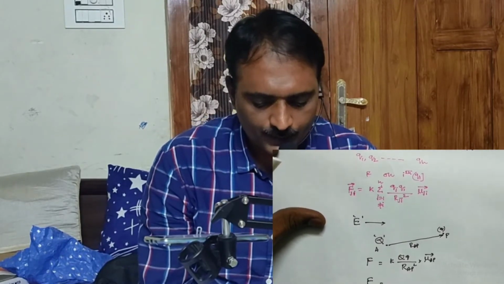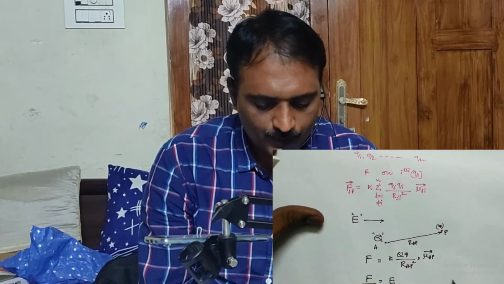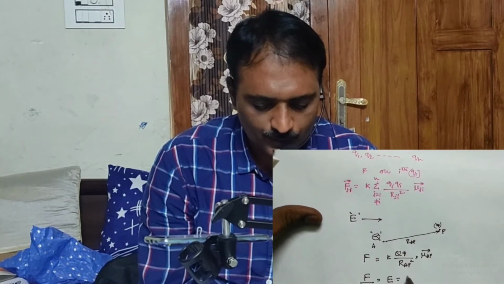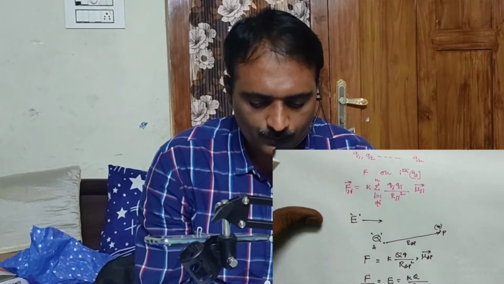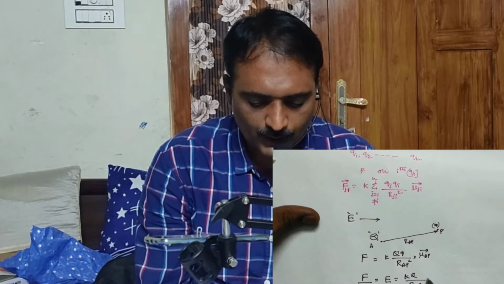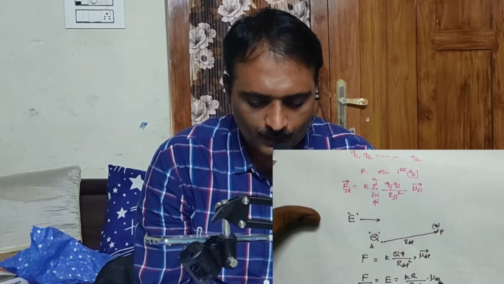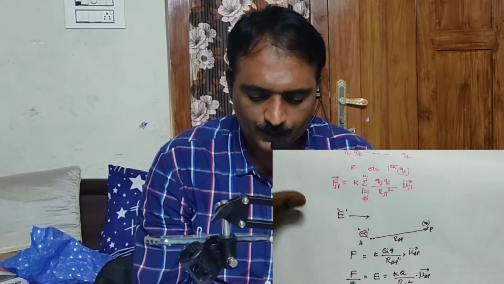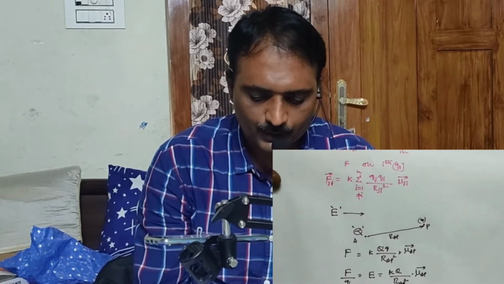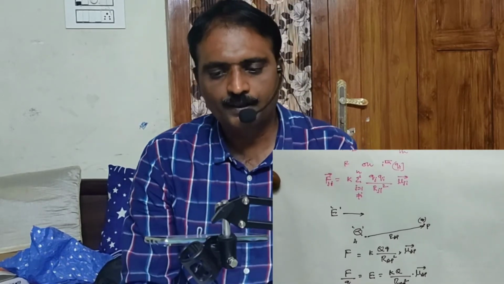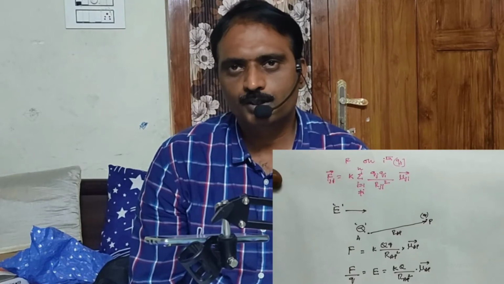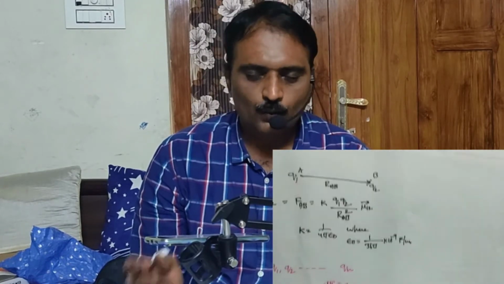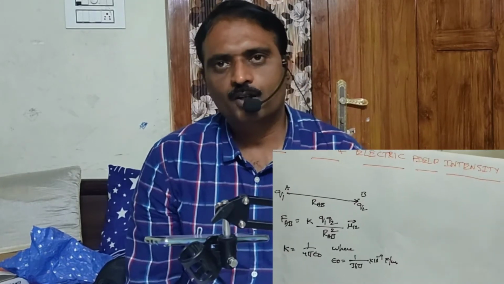And if you find out the ratio F by q, which is going to give you the electric field intensity E, which is equal to K into Q by RAP square into the unit vector UAP bar. Hence, the electric field intensity can be defined as the force experienced by a unit positive charge or a test charge whenever it is kept in an electric field.